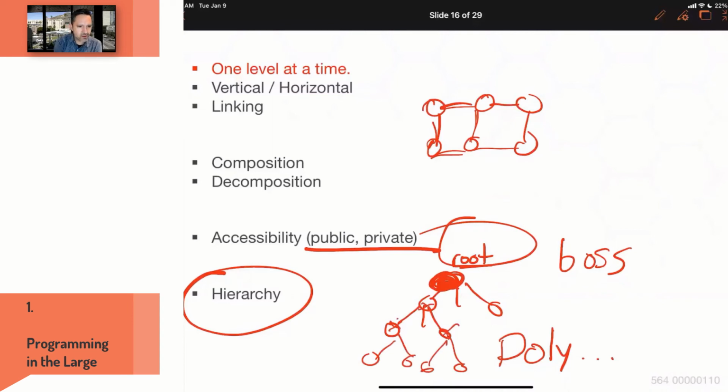I have access to the boss, and I can use whatever that boss is controlling. I have access to the parent class, moving to object-oriented. And if the type of the variable is the parent, that variable can be equal to any of the children.